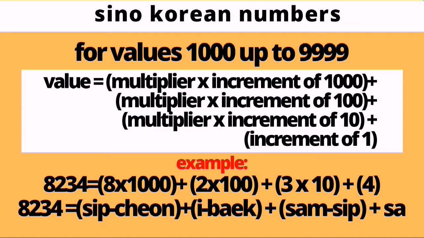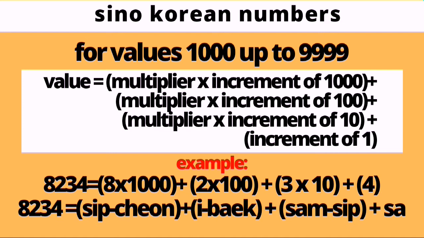So let me state the whole formula first. The value is equal to multiplier times increment of 1000 plus multiplier times increment of 100 plus multiplier times increment of 10 plus increment of 1.